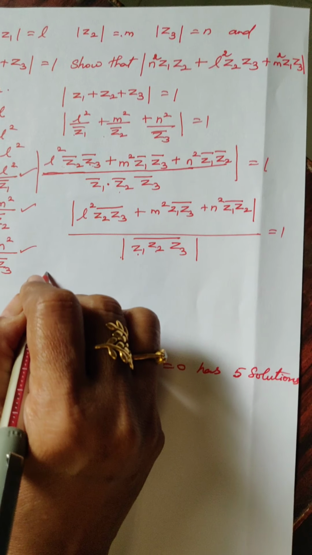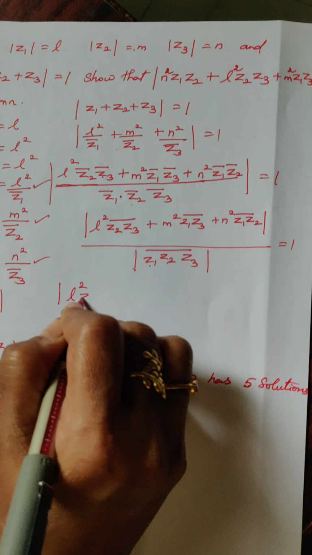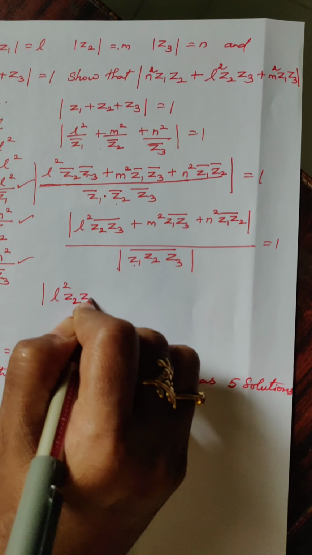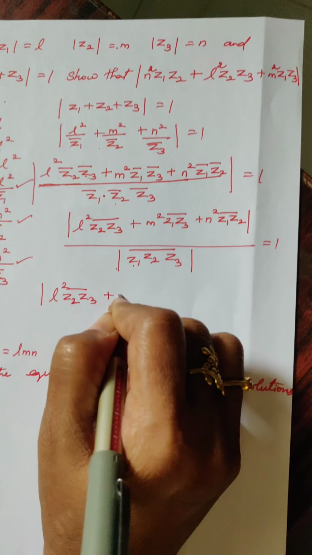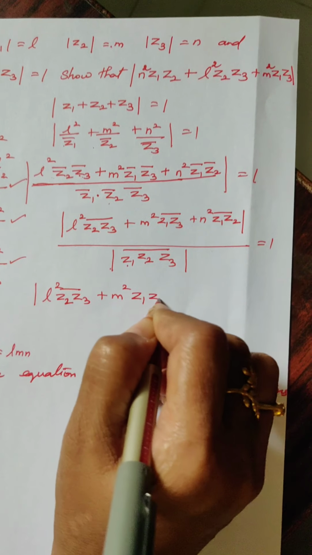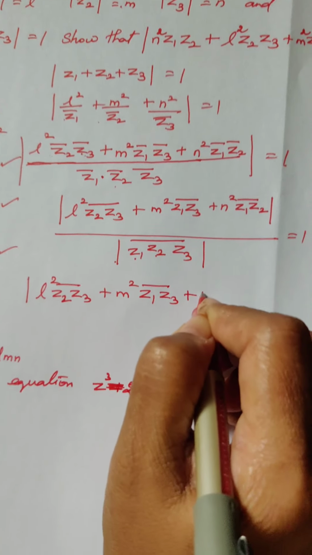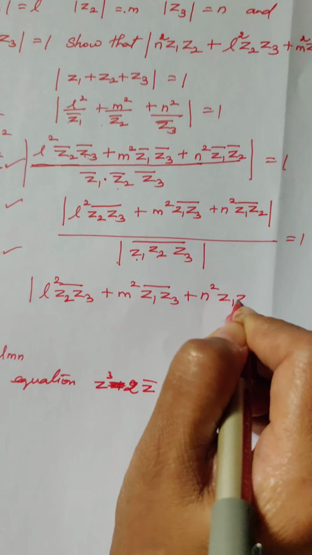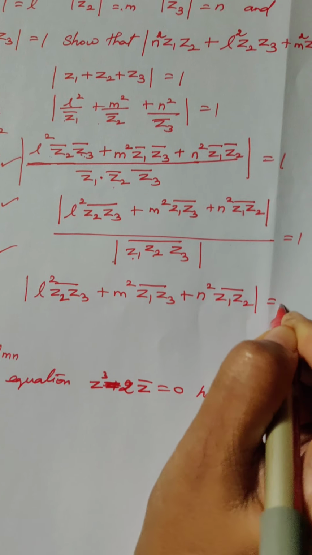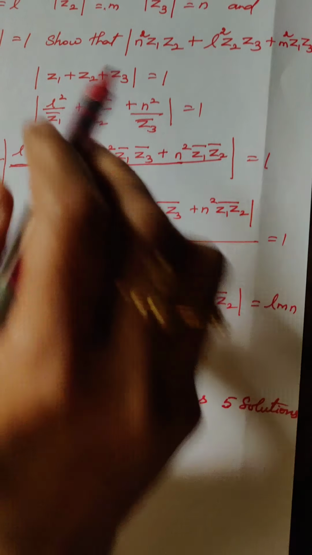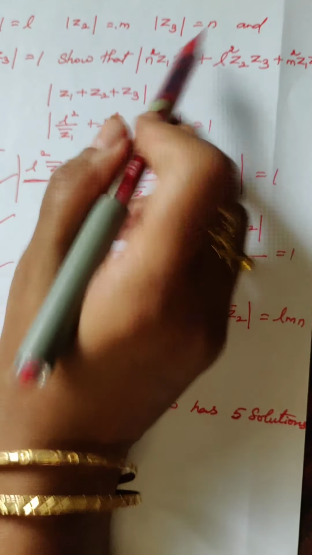So what will you get? Modulus of L square z2 z3 bar plus m square z1 z3 bar plus n square z1 z2 bar equal to L, M, N. But we want to get z1 z2 only, not the bar.